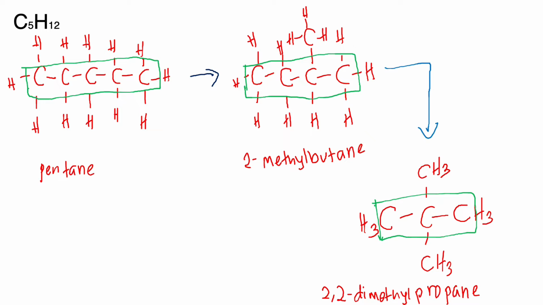For pentane, the carbon skeleton is 5 carbon. For 2-methylbutane, the carbon skeleton is 4 carbon, and 2,2-dimethylpropane, the carbon skeleton is 3 carbon. Now, you can pause, write something on your notes, and then you can continue.